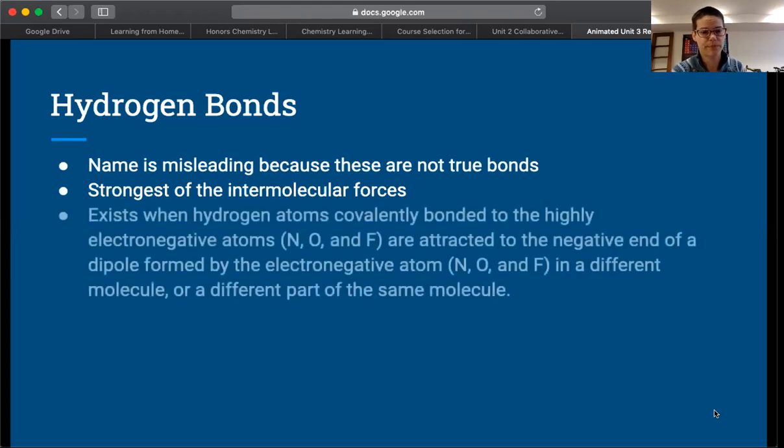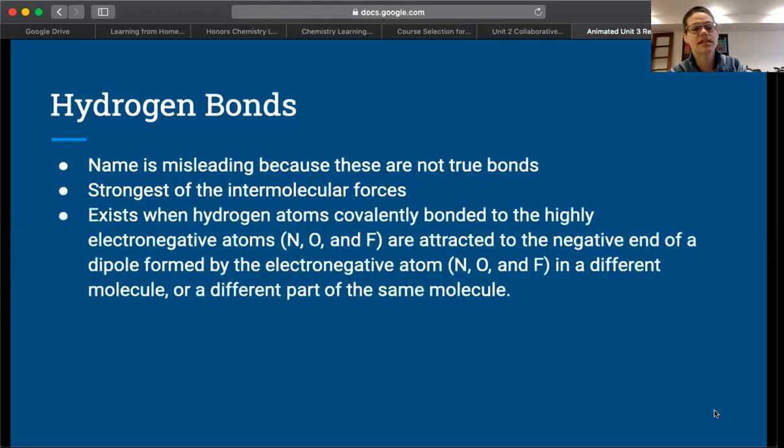Okay, so this happens when you have hydrogen bonded to nitrogen, oxygen, or fluorine, all right? Nitrogen, oxygen, and fluorine are really electronegative, but also really small. And so you end up with a very, very polar bond. The nitrogen, oxygen, and fluorine are going to be extremely partially negative, and the hydrogen will be extremely partially positive.